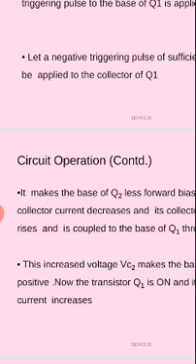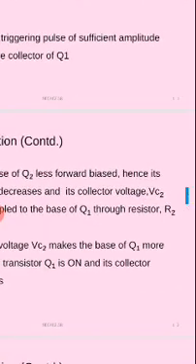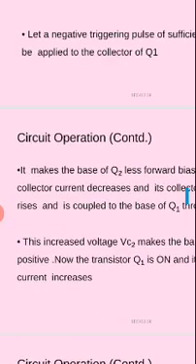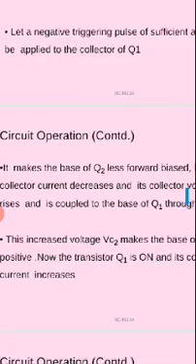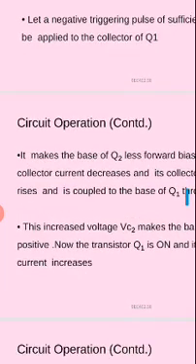This increased voltage Vc2 makes the base of Q1 more positive. Now the transistor Q1 is on and its collector current increases.